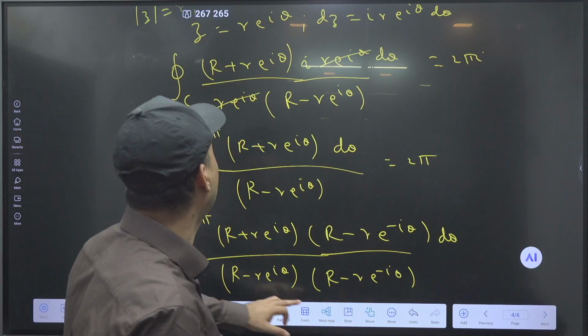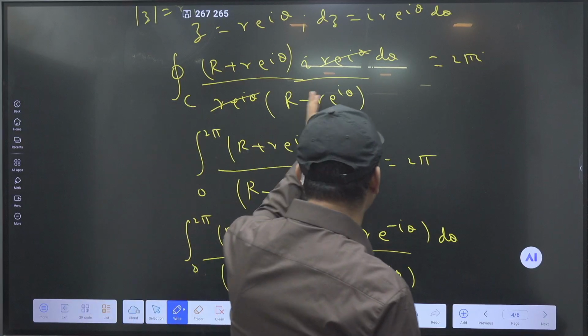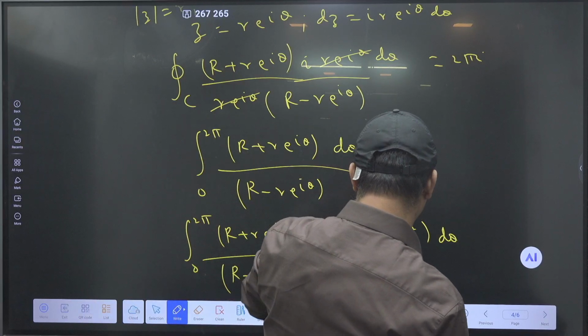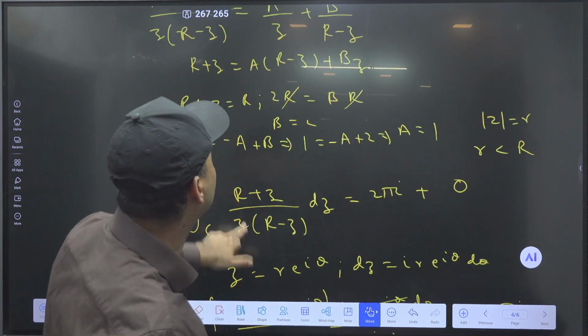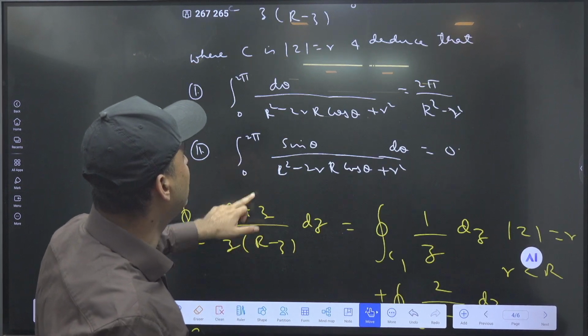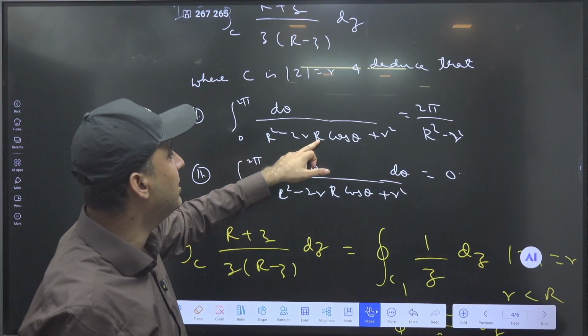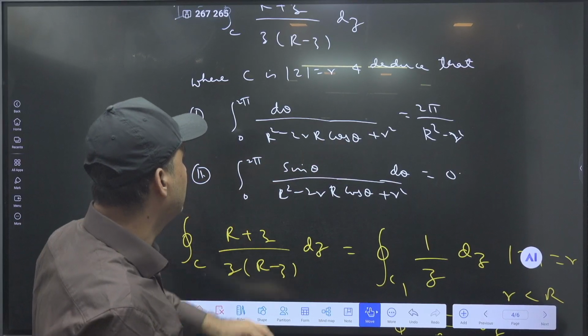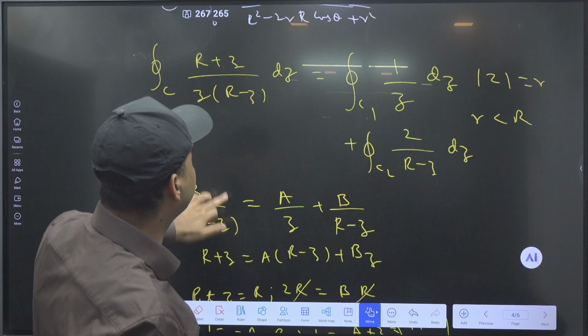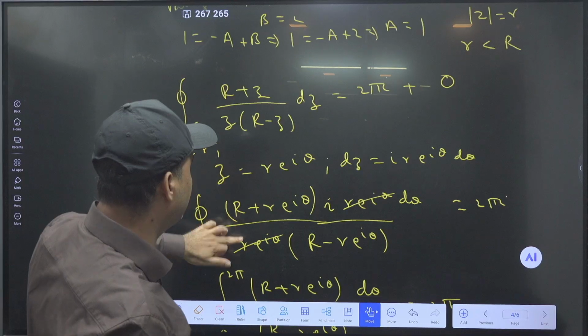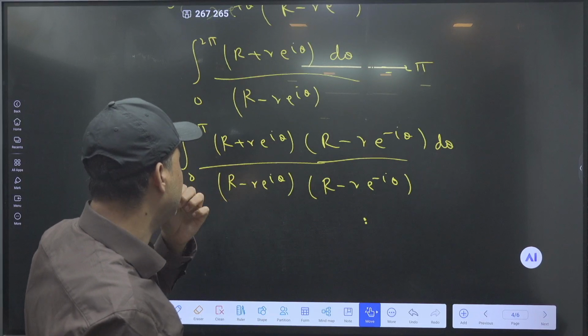And what do I want? That is something which you will be able to understand when I show you what has to be deduced. So once I do this, this is R² − 2Rr cos θ + r². So here what will happen, R² and small r², so that will be taken into consideration.